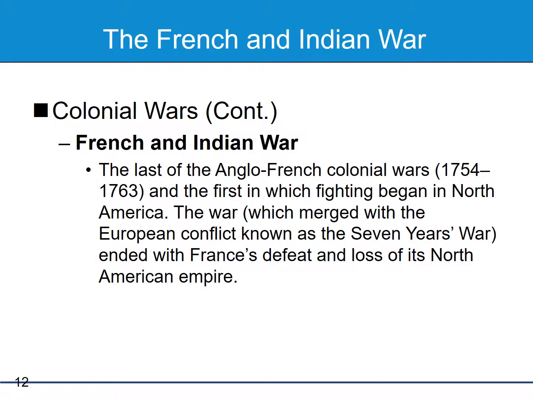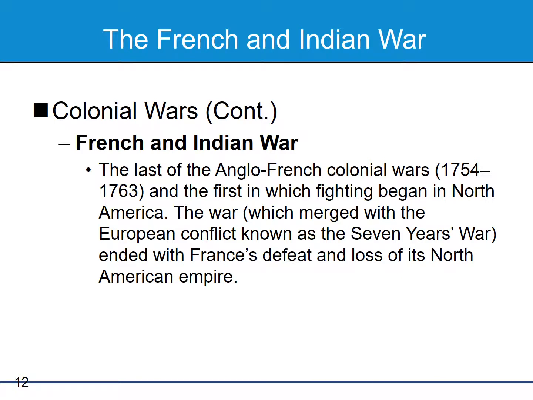The Fourth Colonial War was the French and Indian War, which is also referred to in European history as the 7 Years' War. Now, this war is different from the others. While the others began as European conflicts and spread to North America, this one actually starts in North America.